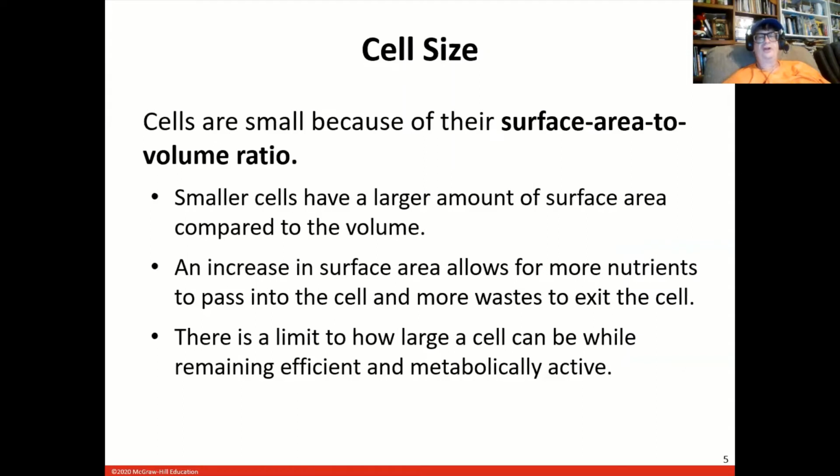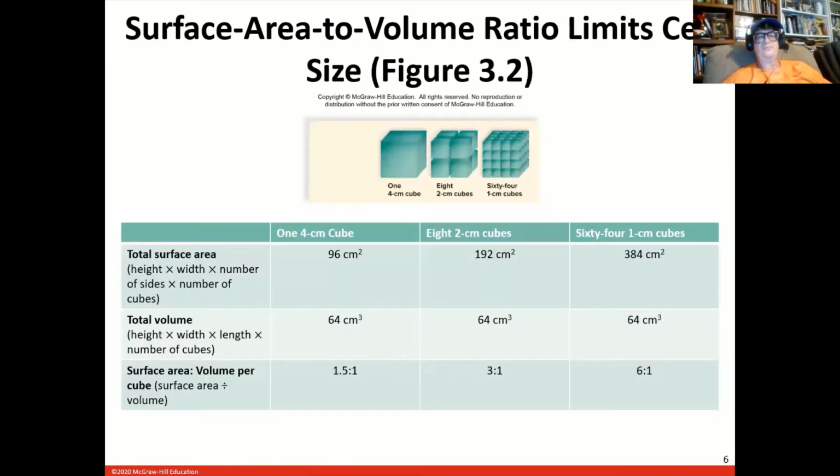So cells are small because of their surface to volume ratio. A little cell has a lot more surface for a given amount of inside, and that makes it easier to pass nutrients. That also puts a limit on how big a cell can grow. So here they have an example.